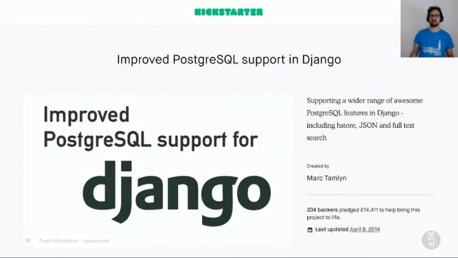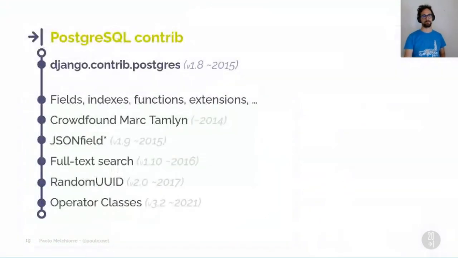For this same reason, in 2014, Marc Tamlyn, a Django core developer, started a crowdfunding campaign to develop a module to contain fields for a number of Postgres-specific data types. The campaign was successful and the new module was merged in Django 1.8. The module now contains Postgres-specific fields, indexes, functions, extensions, and so on.